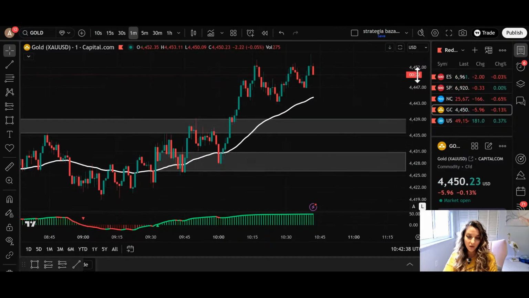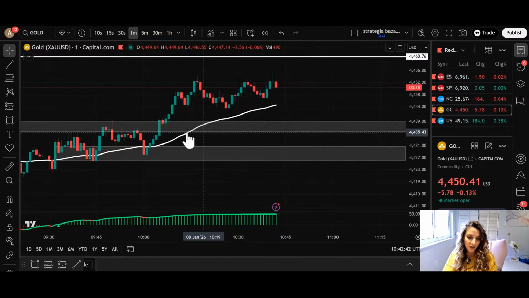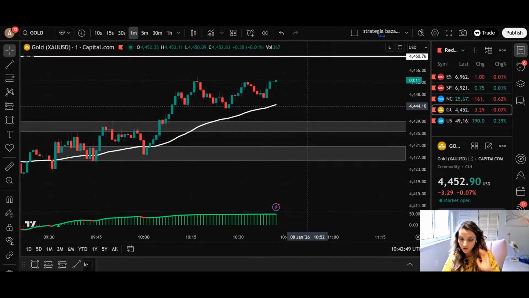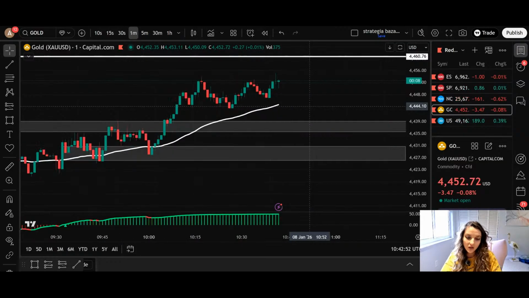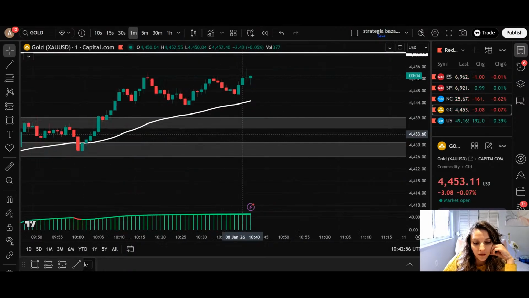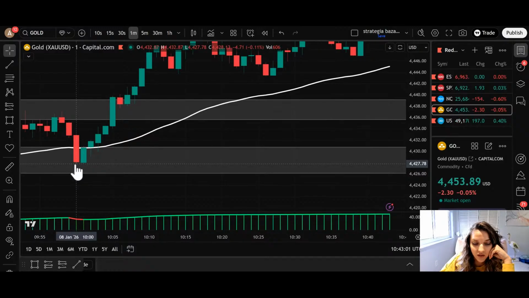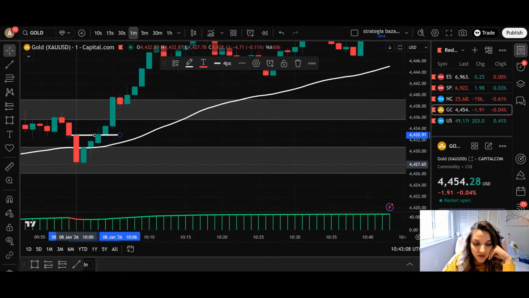Look right here, for example, it didn't reject any area that I marked yet, but I saw the EMA acted previously as a support, so I'm waiting for the EMA to give me a nice rejection. What I consider a nice rejection is this: the first candle that touched the EMA, I mark the high.